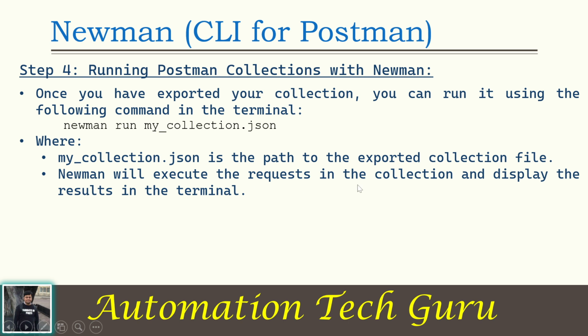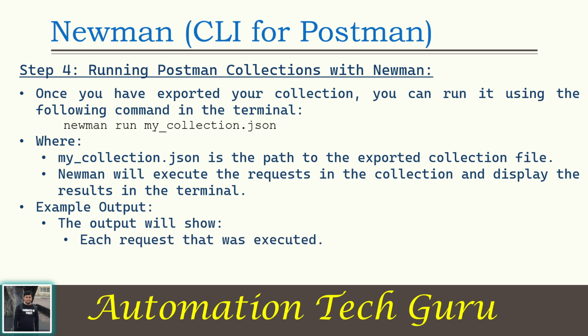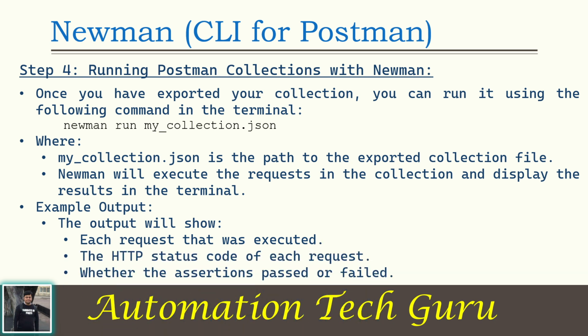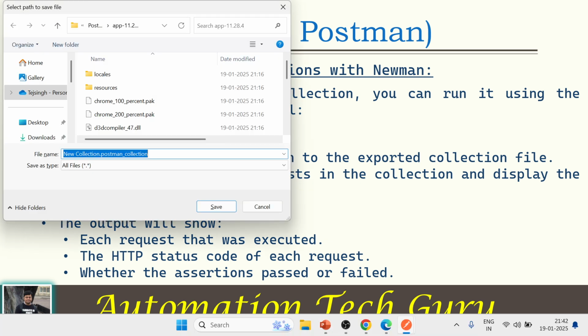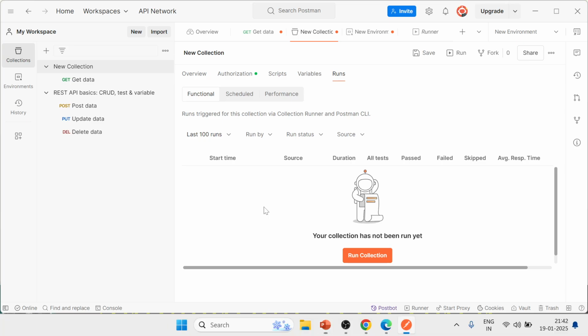Newman will execute the requests in the collection and display the results in the terminal. The output will show each request executed, the HTTP status code for each request, and whether the assertions passed or failed. So everything will come once you export and execute from Newman.